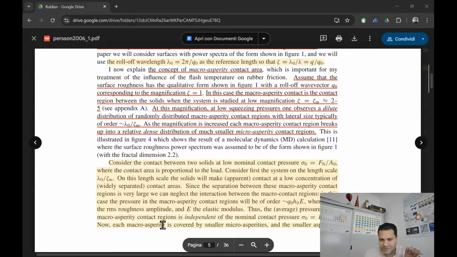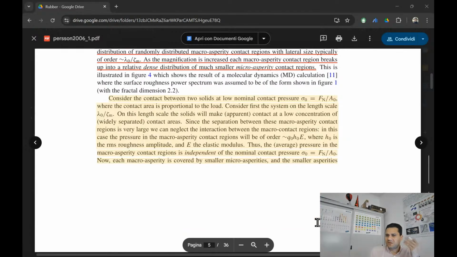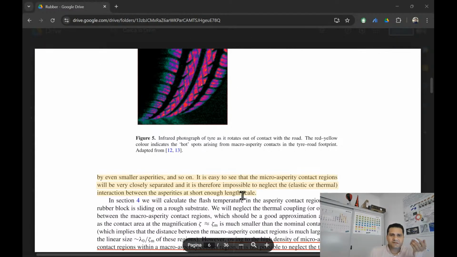Now, each microasperity is covered by smaller microasperities, and the smaller microasperities are covered by even smaller asperities, and so on.